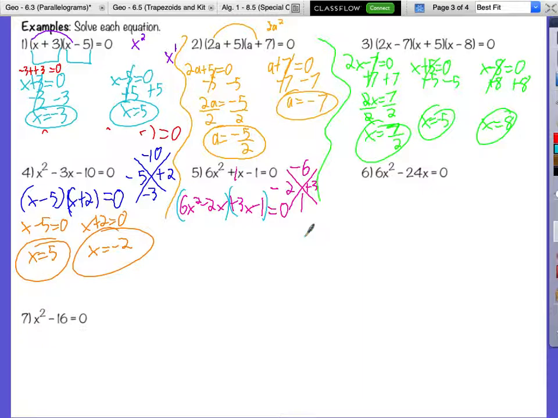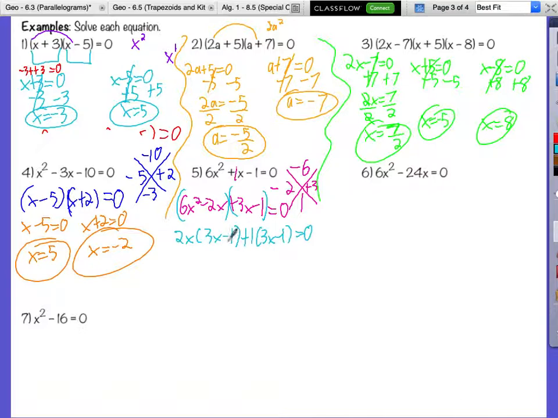So we finish it by taking 6x squared minus 2x and looking for our GCF. What would that be? 2x. And we're left with 3x minus 1. In our next parentheses, what's our GCF? Just a 1. Very good. And we're left with 3x minus 1. Do we have the same thing in both parentheses? Yeah, that's good news. So now what are we going to do with this?